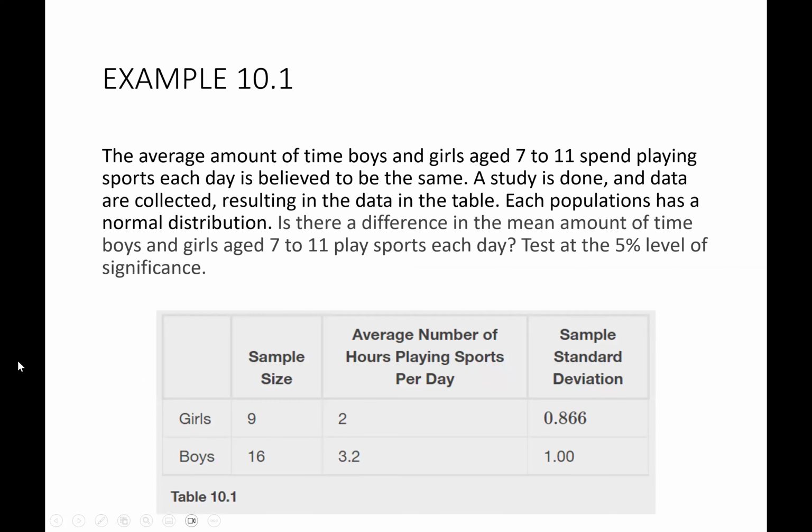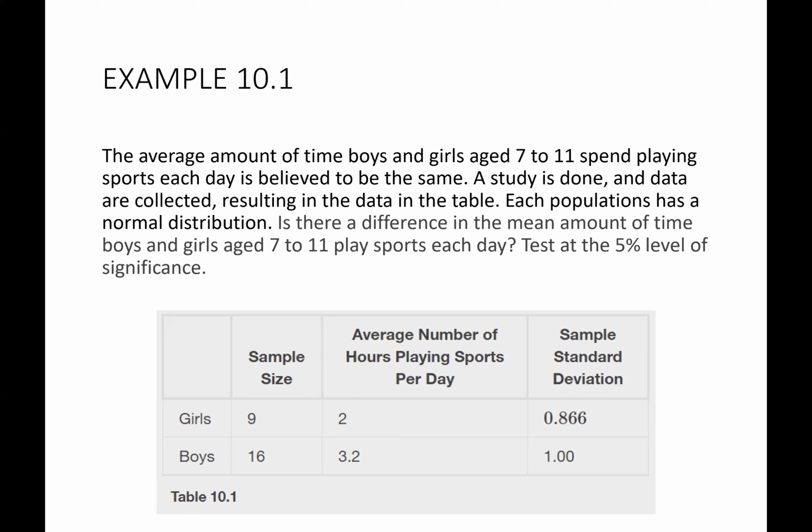All right, let's do our first hypothesis test. The average amount of time boys and girls aged 7 to 11 spend playing sport each day is believed to be the same. A study is done and data are collected, resulting in the data in this table.